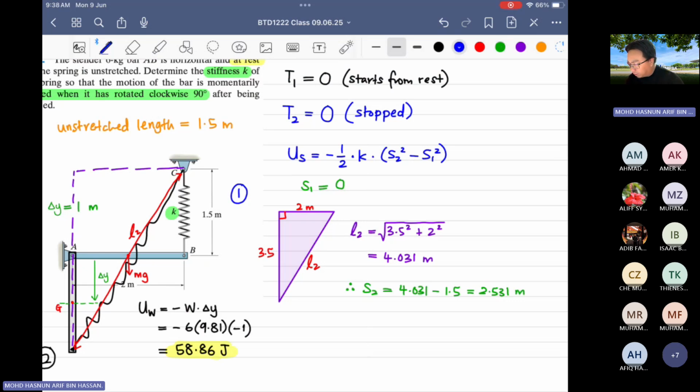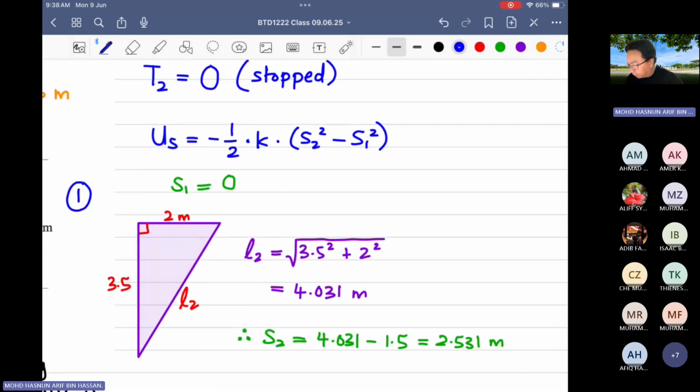So we can go back to this spring equation. U_s equals minus 1 over 2 times K. K is unknown, remember. K is what we want to find. Multiply with S2, 2.531 squared, minus 0, because S1 is 0.